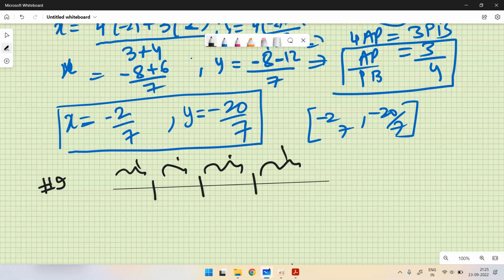This is P1, this is P2, this is P3, and suppose this is A and B. So what is AP1 by P1B? 1 is to 3.